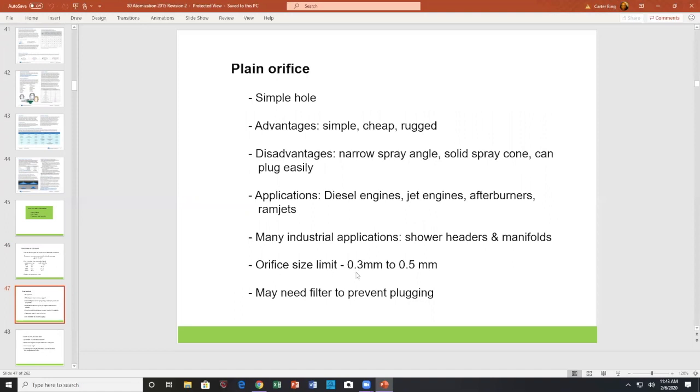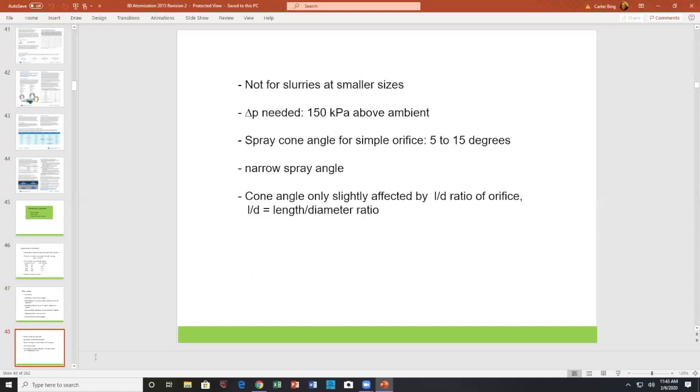Orifice limit, 0.3. Again, may need a filter to prevent plugging. 0.3 is the lower plugging size. Not for slurries at all, for smaller sizes. Typically, you're looking for 15 degrees on your cone angle, narrow cone angle.